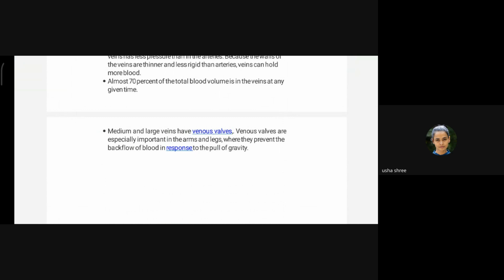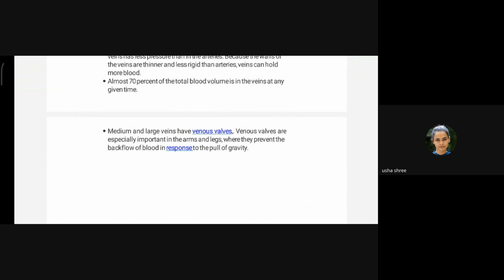This is happening by the pressure generated by the heart, which is carried through the arteries, and this pressure continues, but the pull of gravity is always there. The pull of gravity has not vanished in our body. So these valves protect the blood from backflow. Due to the pull of gravity, blood can flow backward in veins.